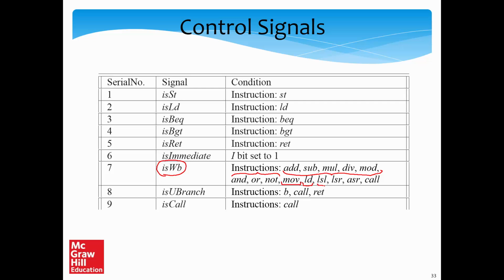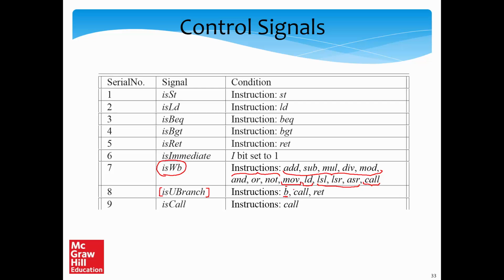Then we have the 3 shift instructions that write to a register. And we have already discussed the case of the call instruction, which writes to a register. So this is, mind you, implicit, in the sense that when we call a function, the return address is written to the return address register. We have discussed the case of isUBranch, the unconditional branch. So definitely the B instruction will be in that.